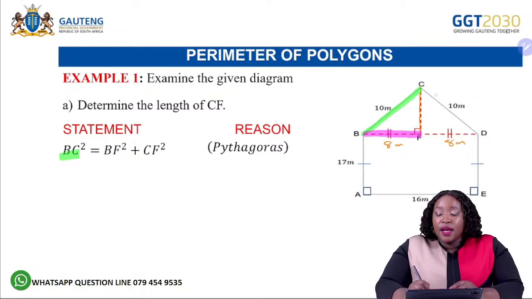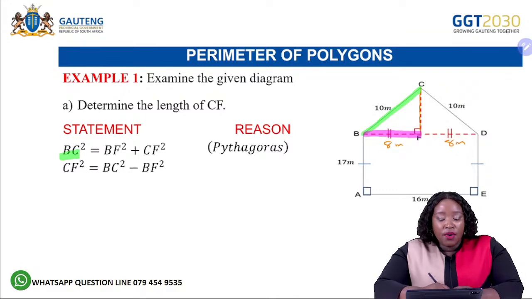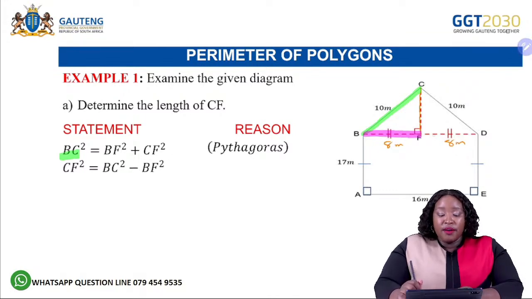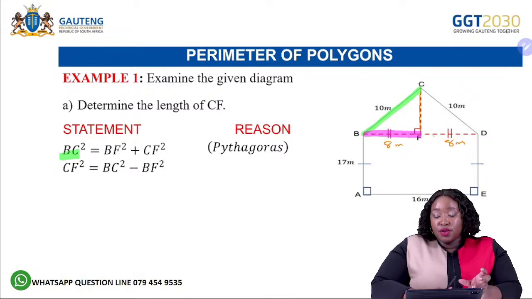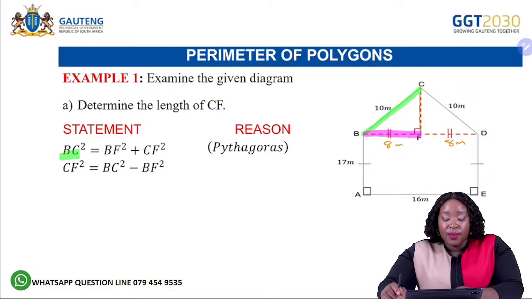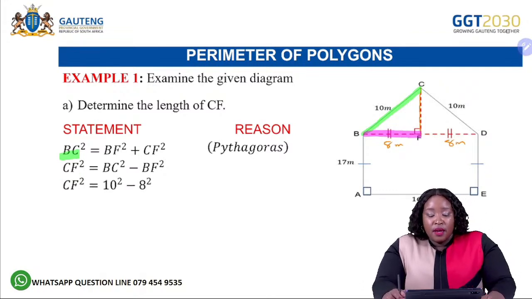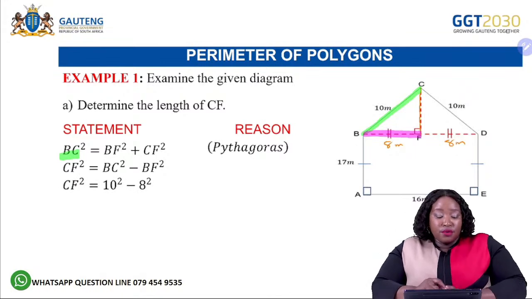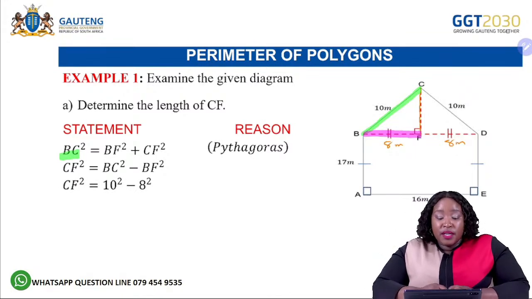All I've done there is use the vertices of triangle BCF to name the sides, right? Because I'm looking for CF squared, it means I must say the hypotenuse squared minus the side that is given as 8 meters squared here. So that's BC squared minus BF squared. And that gives you CF squared is equal to 10 squared minus 8 squared.